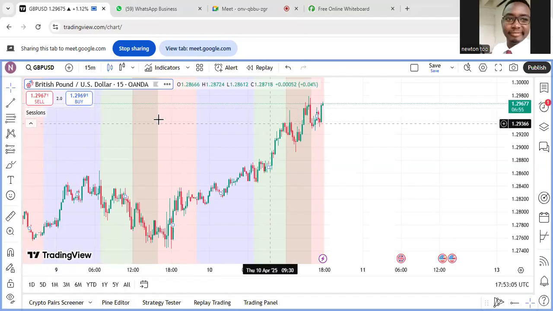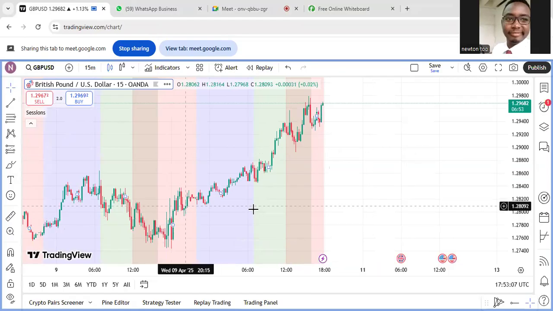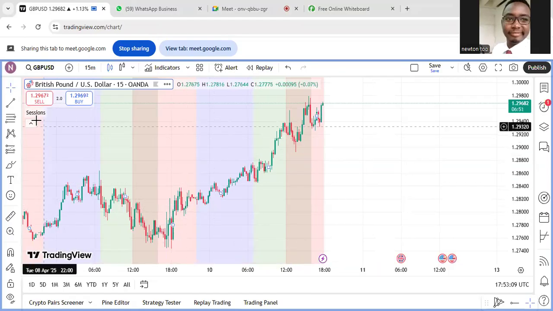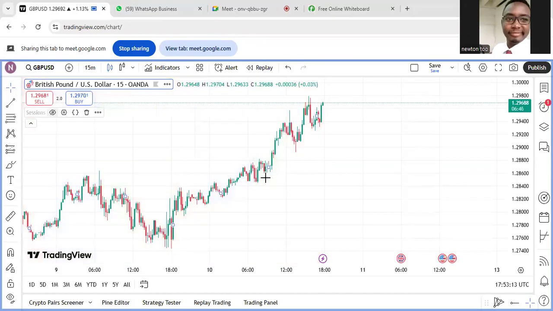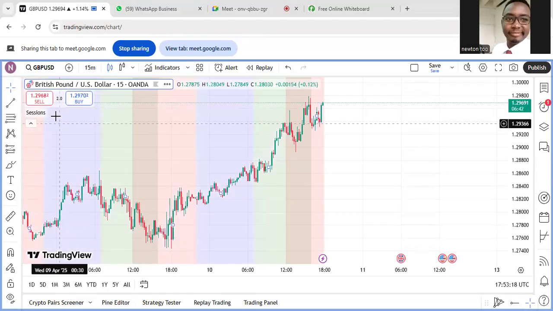After you click the session, it will come on your screen like this. If you click hide, you hide the session. But I want to change the settings, maybe the color part.